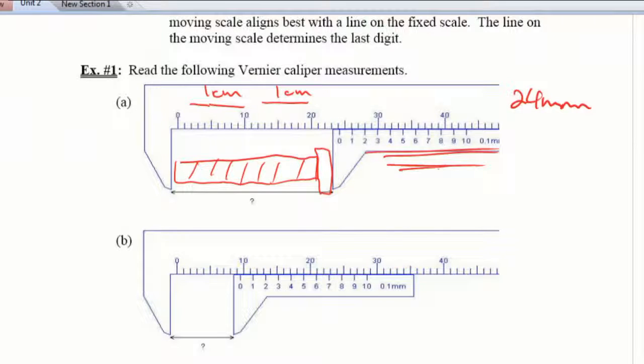The way this works is, it's kind of weird, but all of these little marks either line up with the numbers above or they don't. To figure out exactly what decimal we're dealing with, we need to figure out which one of these lines lines up perfectly with a line above it.